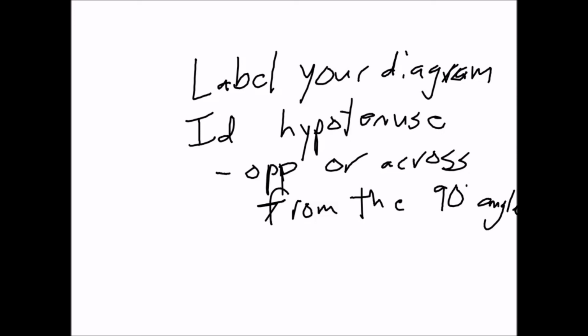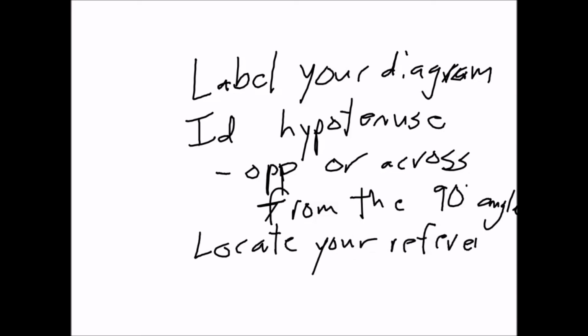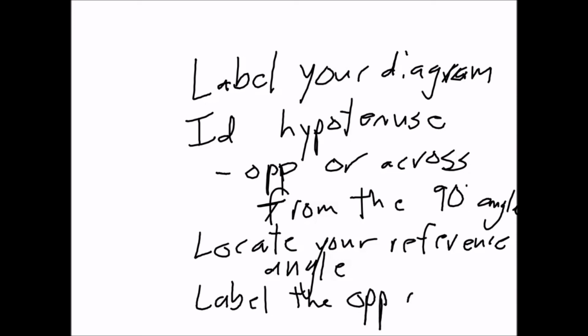And then from there, once you can identify the hypotenuse, locate your reference angle. And then label the opposite and adjacent sides to that reference angle. So that's what I would suggest as you move forward with these trig ratios.